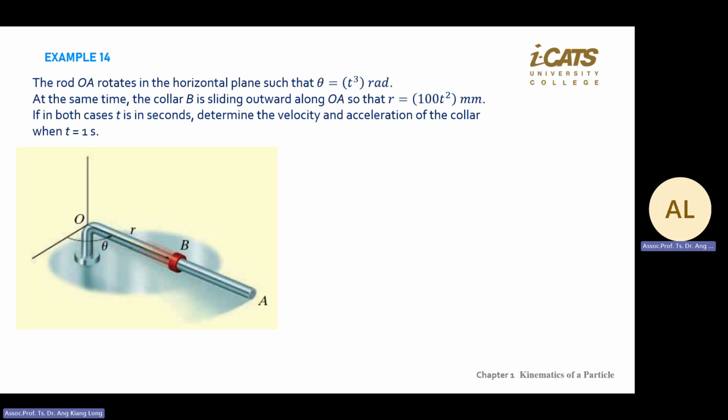Once you agree with this, the next step is to call out the four equations: V one side, A one side. Then see what you have. Inside this V and A, you have theta dot, theta double dot, R dot and R double dot. Here you are given the theta equation and the R equation.